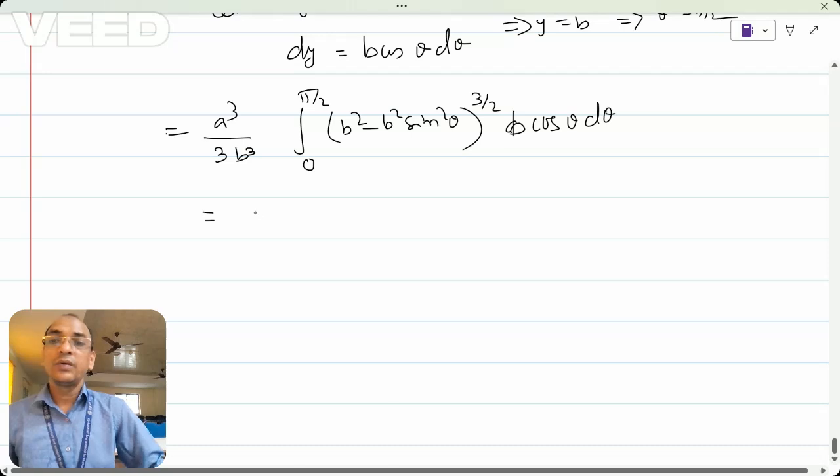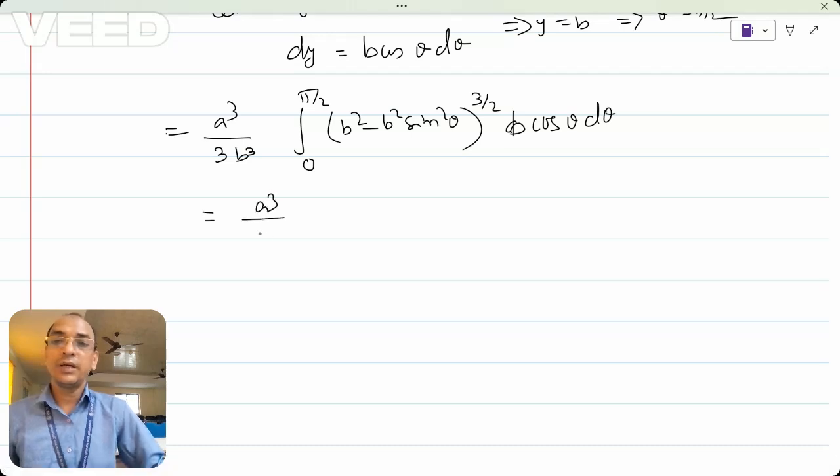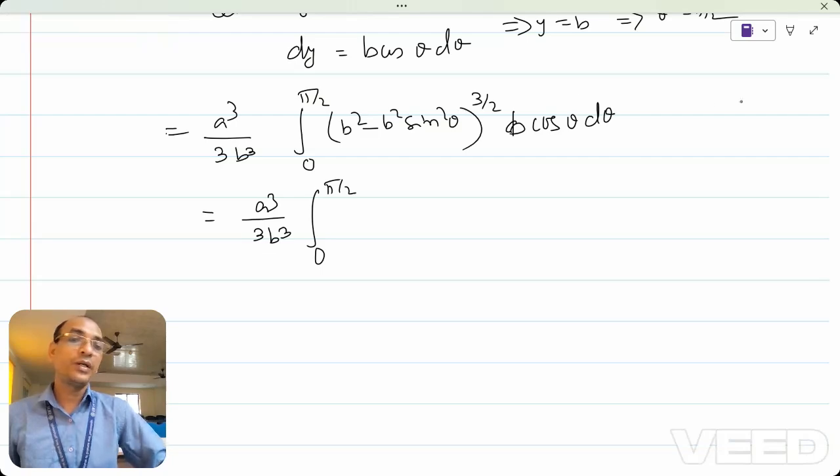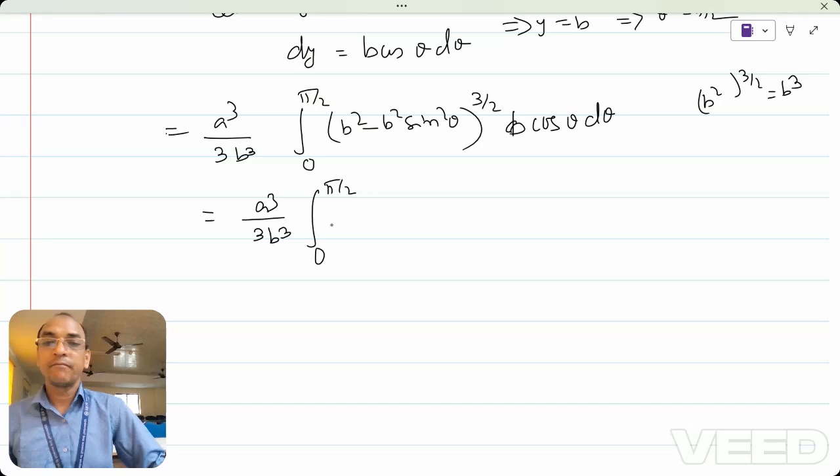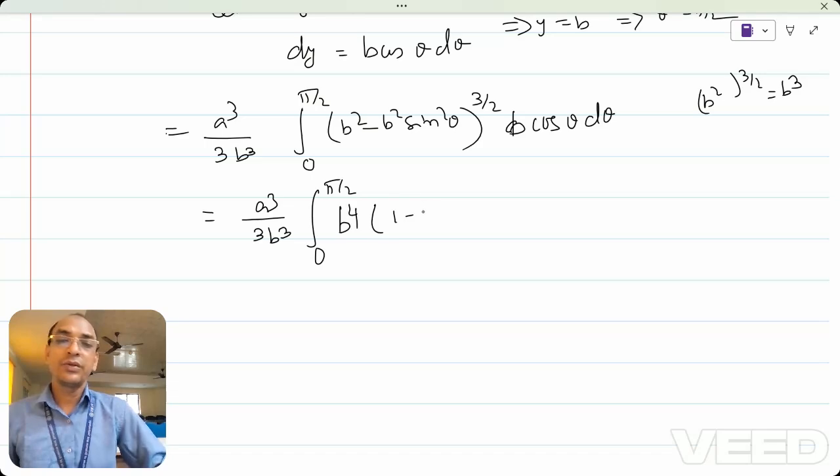And so a cube divided by 3b cube, here you see, integration 0 to pi by 2. Here b square common you can take, so b square to the power 3 by 2 is equal to b cube. Already another b is here, so we can have b to the power 4 into 1 minus sine square theta to the power 3 by 2 cos theta d theta.